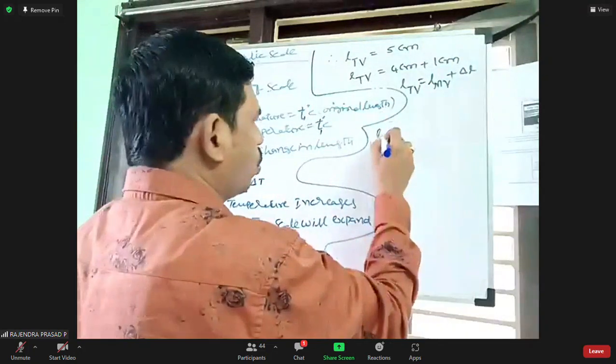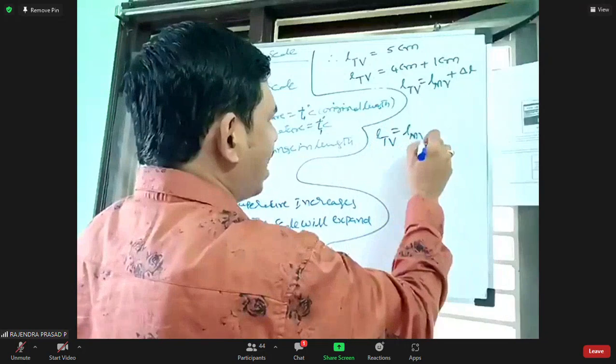So L true value equals L measured value plus delta L.